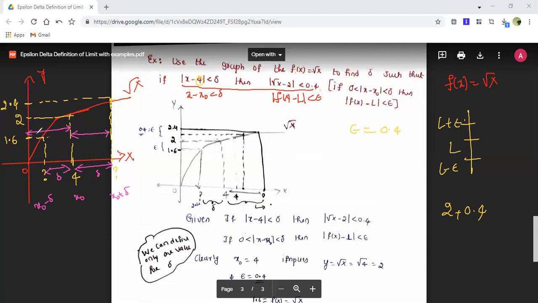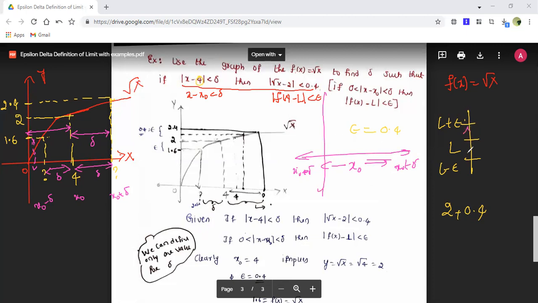If I want to find this distance as delta, then you have to come below this 1.6, where the fluctuation is not allowed, because as we know from the epsilon-delta definition, between x naught minus delta and x naught plus delta, this fluctuation is allowed here. Similarly, it has to be allowed here.